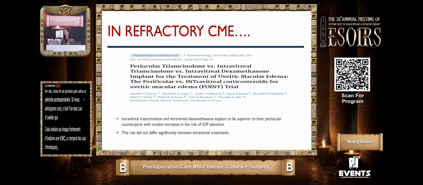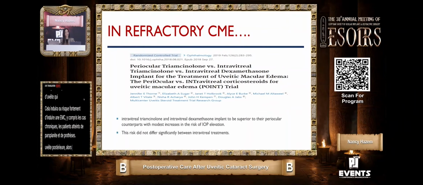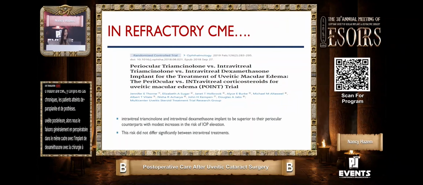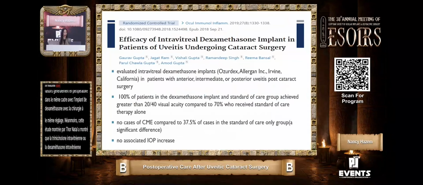Then we usually do it intraoperatively, in the same setting as the surgery, with the implant of dexamethasone. Nevertheless, this study by Thorne et al. showed that intravitreal triamcinolone or intravitreal dexamethasone is superior to their periocular counterparts when managing cases of CME.